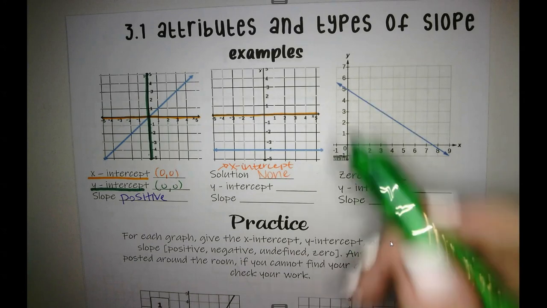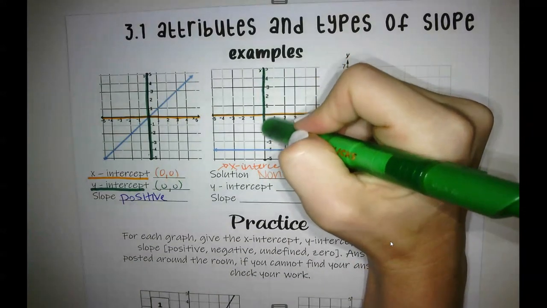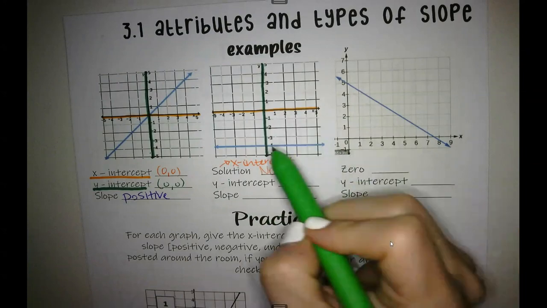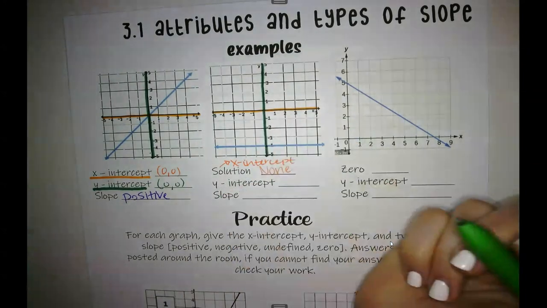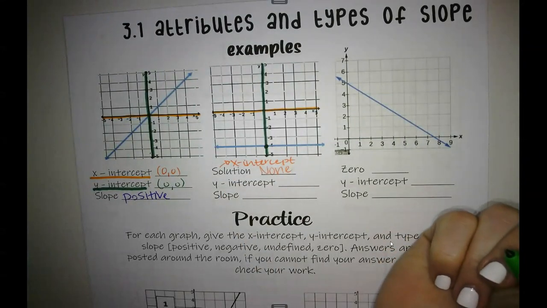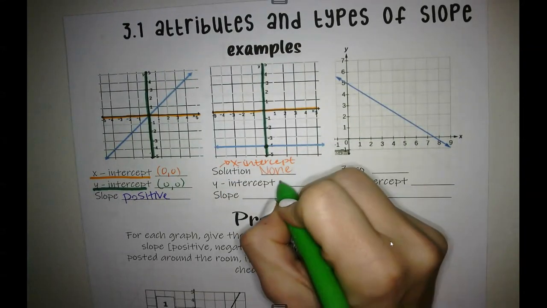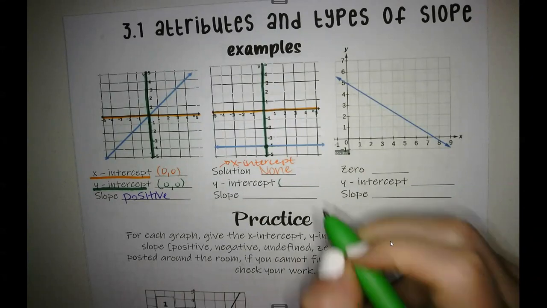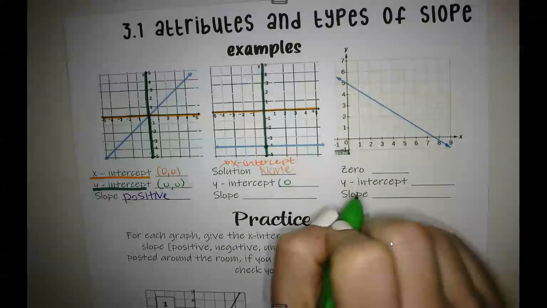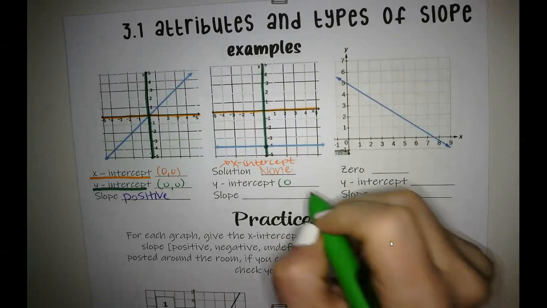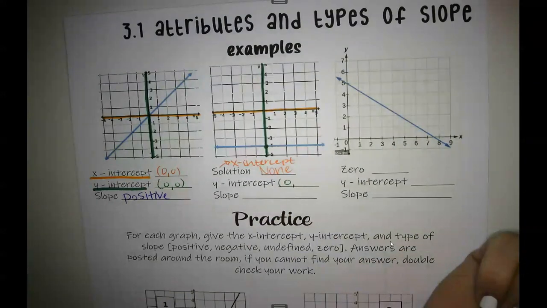All right, my y-intercept. Where does it cross my y-axis? It crosses right here. Remember how we write this point? For my x-intercept, the second number is always going to be 0. I'm going to repeat that. For my y-intercept, my first number is always going to be 0.